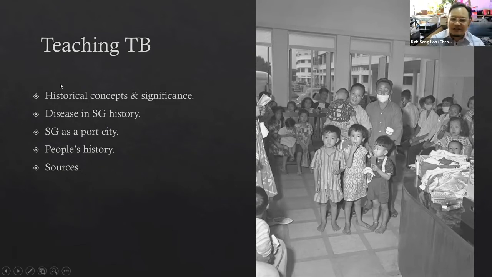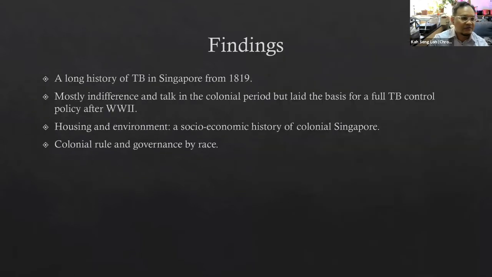However, TB is not just a history of port or the economy or trade, but it's also very much a people's history. So in that sense, it's very apt for teaching about people's experiences in colonial Singapore. And finally, I'll talk about some of the sources we can use. What are some of the findings?